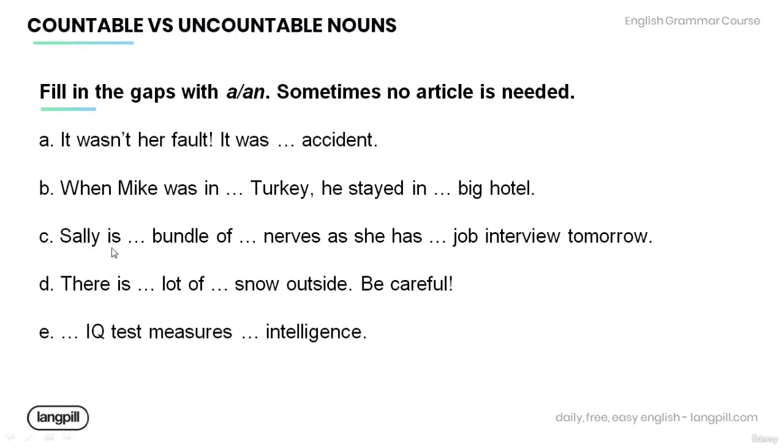C. Sally is bundle of nerves as she has job interview tomorrow. D. There is lot of snow outside. Be careful. E. IQ test measures intelligence.